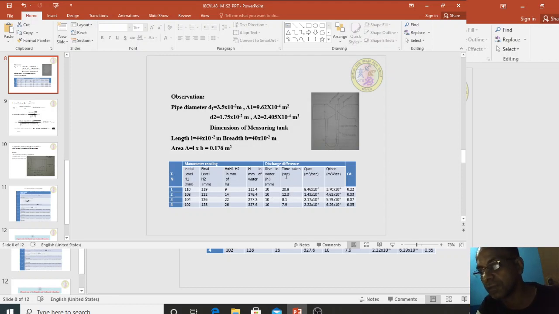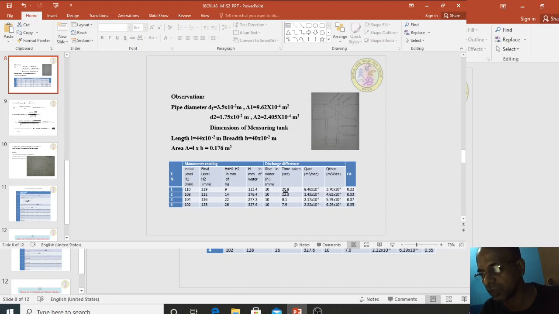But here the time taken is less, 12.3. Why? Can you tell me? In the initial stage, the valve opening for the flow of water is only 25%. Therefore, it took more time to fill the tank to 10 mm height.